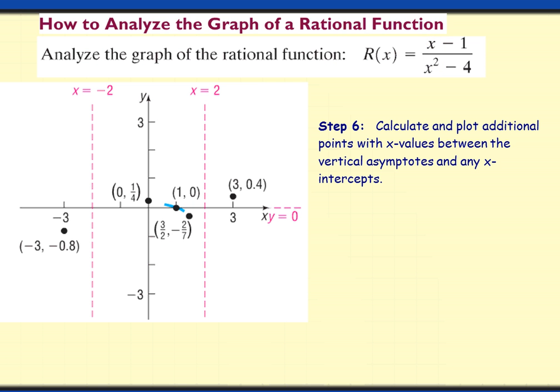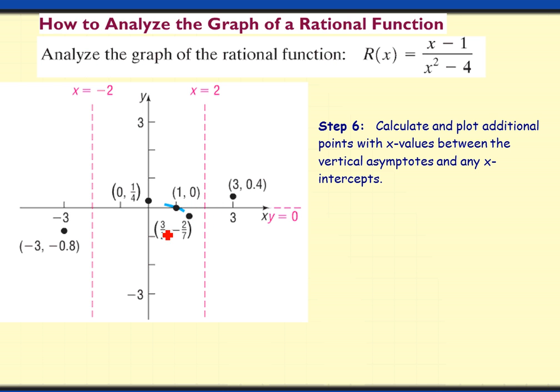Okay, well, let's go back and let's plot some additional points. So I took -3, which is to the left of this vertical asymptote. I took an x equal to -3 and got a y of -0.8 and plotted that point. And then I took an x value between 1 and 2, an x value in here between this x-intercept and this vertical asymptote.